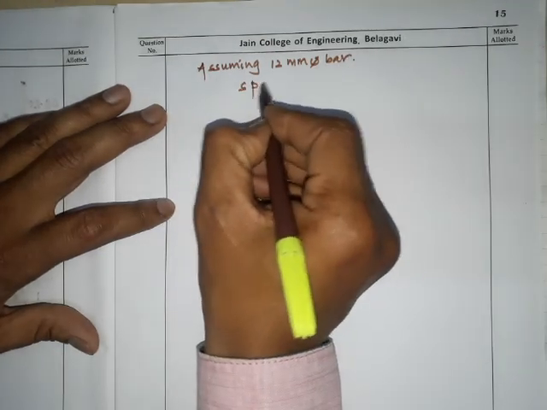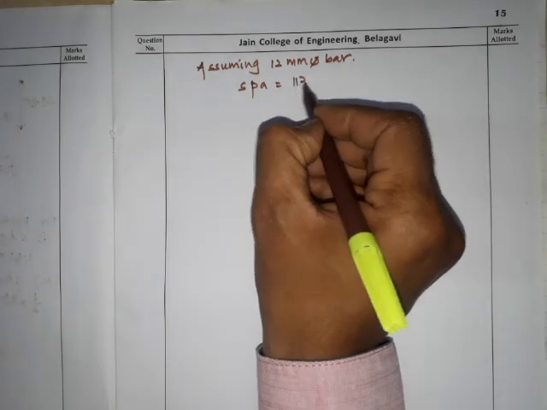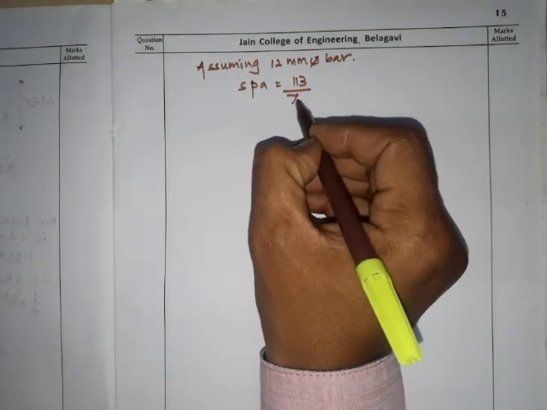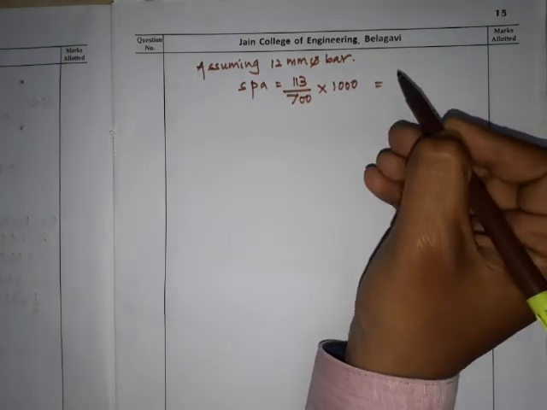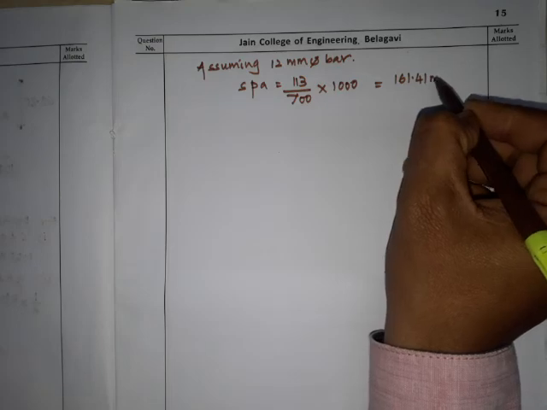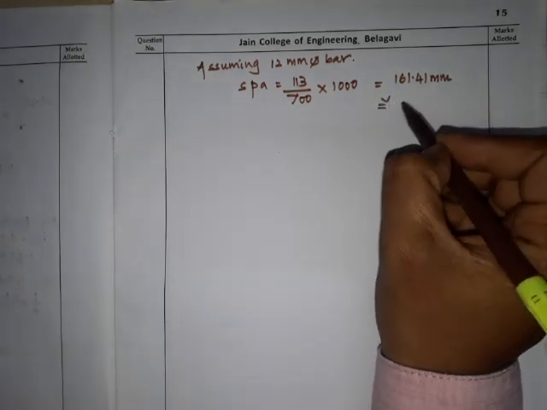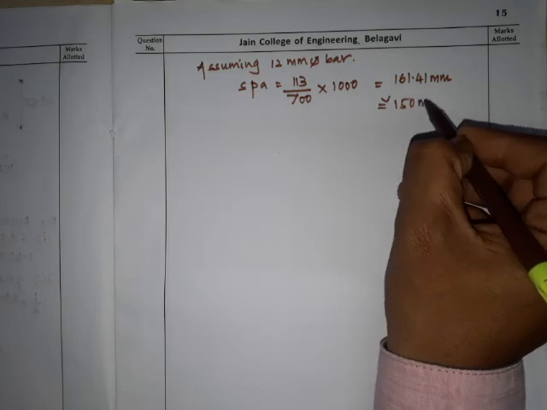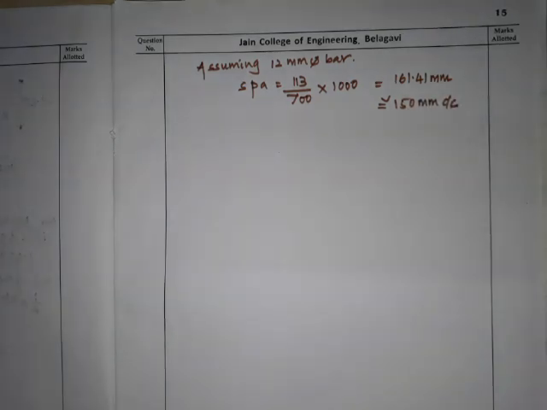So we get spacing is equal to 113 divided by 700 into b is 1000, so we get spacing is equal to 161.41 mm. So I will consider 150 mm center to center.